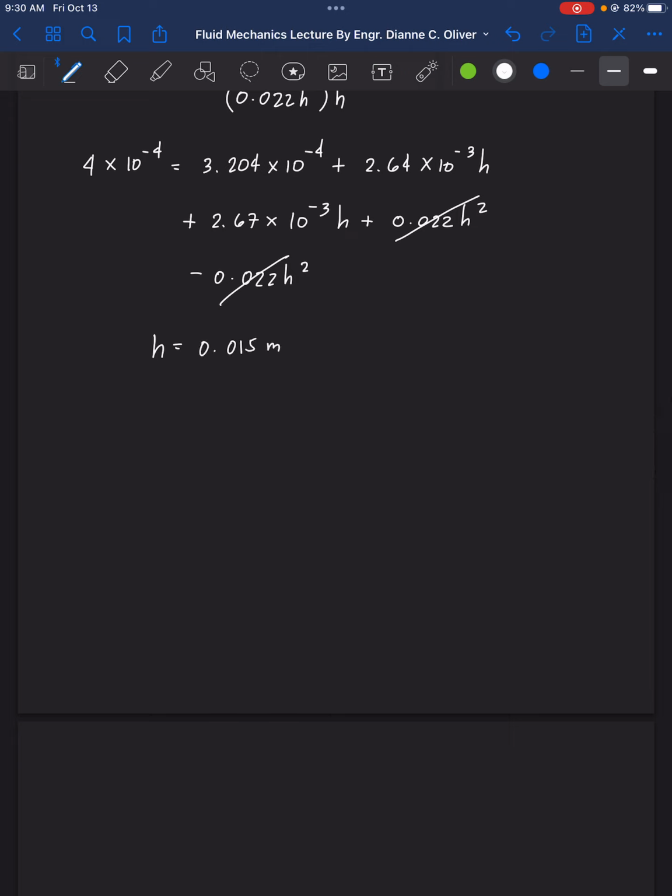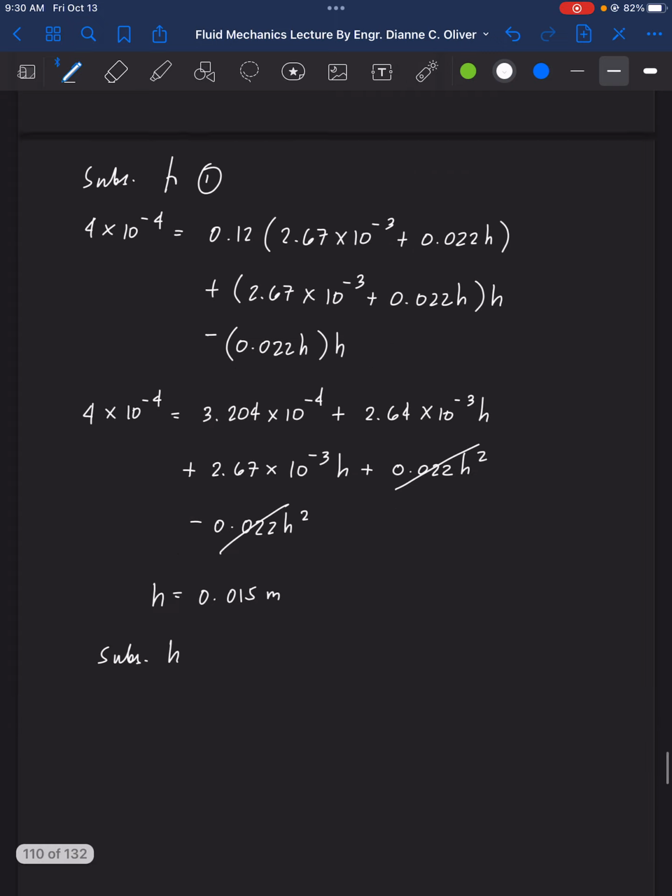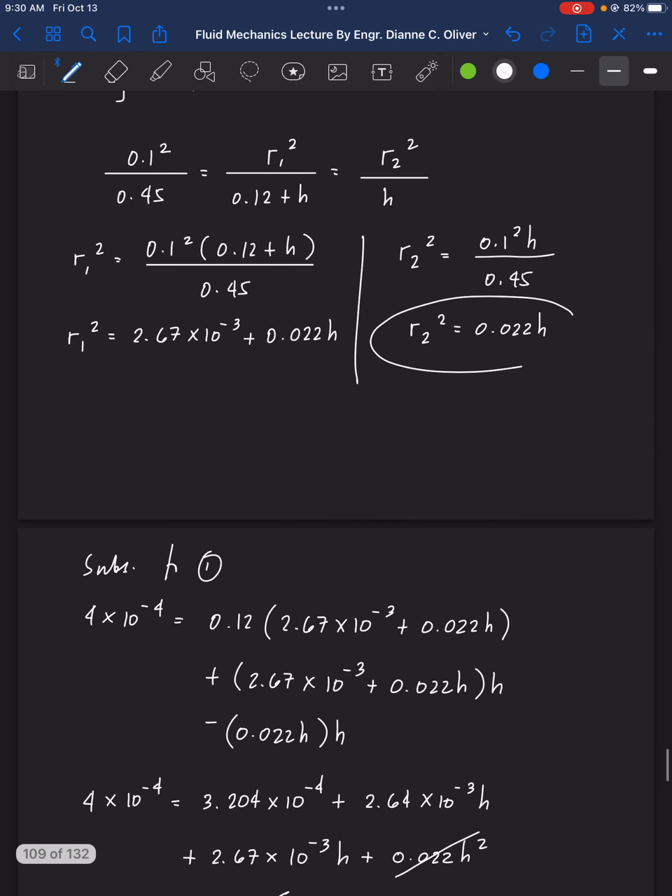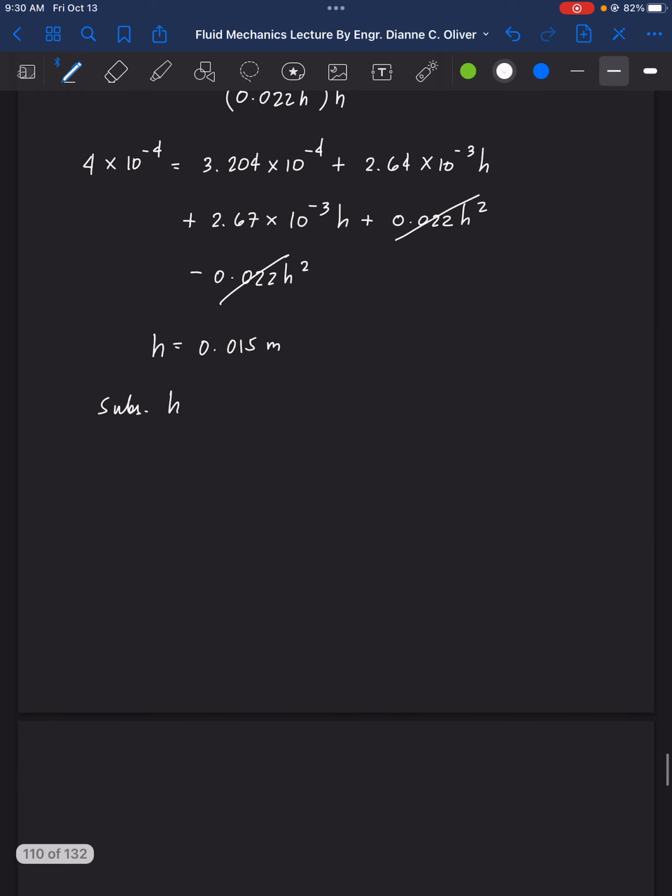Then substitute this h. Remember, we're looking for R2. So R2 is here. Let's name it 2. Substitute h to 2. So R2 squared is equal to 0.022 h, so 0.022 times 0.015.